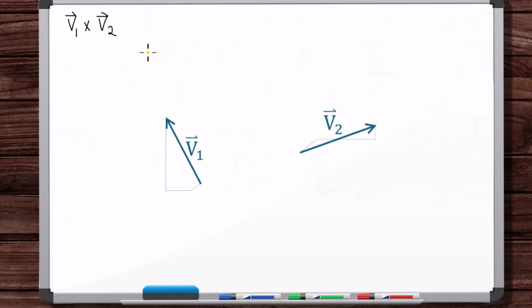Okay, so V1 cross V2 is equal to, just like with the dot product, we start off with the magnitude of V1 times the magnitude of V2. And these are scalars, so we don't have to put a multiplication symbol. We can put whatever we want.